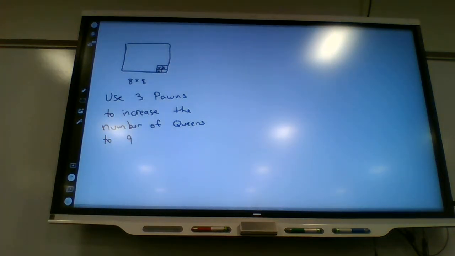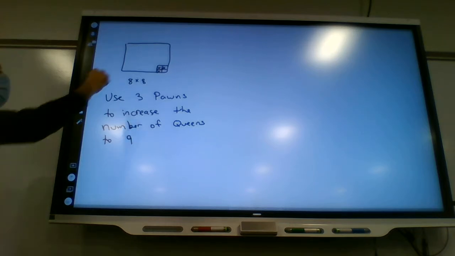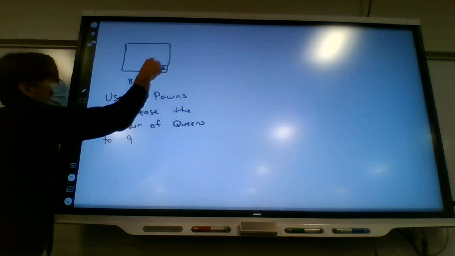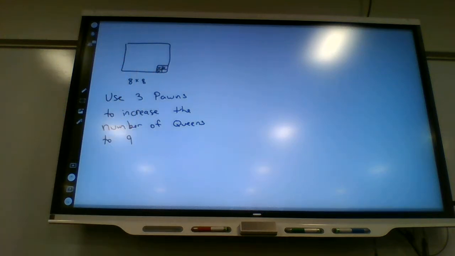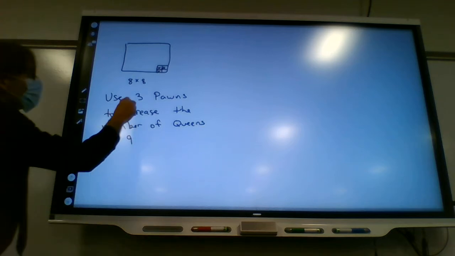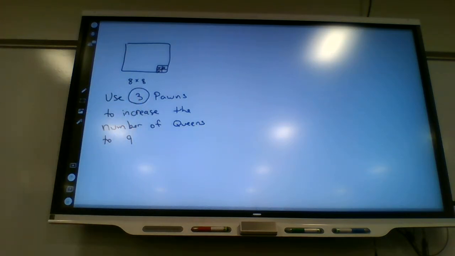Now that queen in the corner is definitely not attacking anything else, right? Nothing is attacking it. So if the other 8 aren't attacking each other, then that 9th one isn't attacking or being attacked either. Well, their question was, how many pawns do we really need on an 8x8 board in order to be able to have 9 queens? So 3 works, but what are we looking for? Maybe reducing that number.